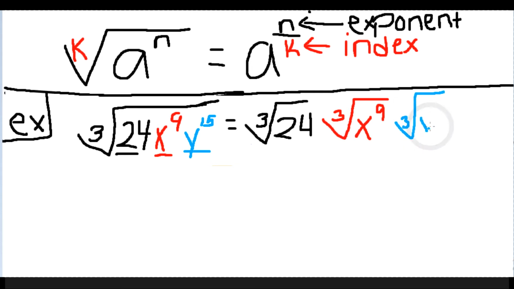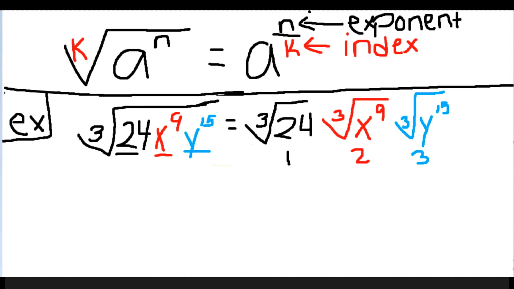So all I'm saying is that the cube root of 24 x to the 9th y to the 15th is equal to the cube root of 24 times the cube root of x to the 9th times the cube root of y to the 15th. Okay, I just literally broke it into those pieces. So now I have 1, 2, 3 pieces. And the beauty of this is now I can deal with them one piece at a time rather than trying to think about this whole thing at once.